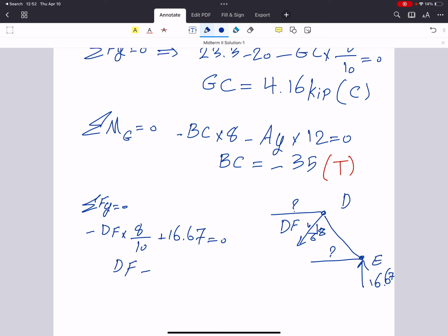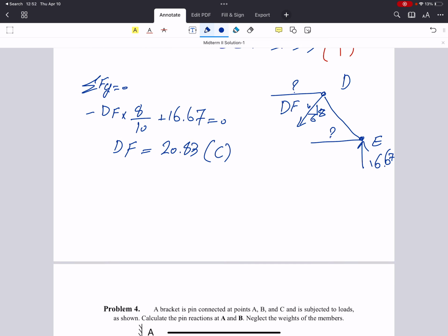My DF will be 20.83, and that's going to be compressive. Now we got all of them. Okay.